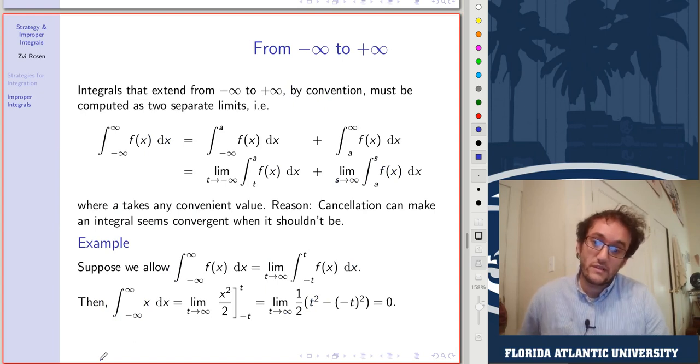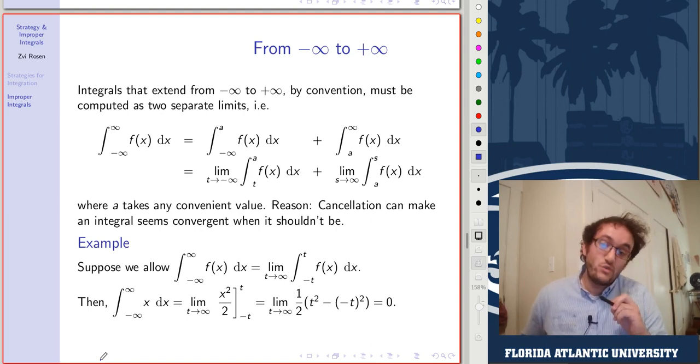So now we want to consider the case where the integral goes from minus infinity to positive infinity, so it includes infinity in both bounds. By convention, these must be computed as two separate limits, i.e. the integral from minus infinity to infinity of f of x dx is equal to the integral from minus infinity to a of f of x dx plus the integral from a to positive infinity of f of x dx.